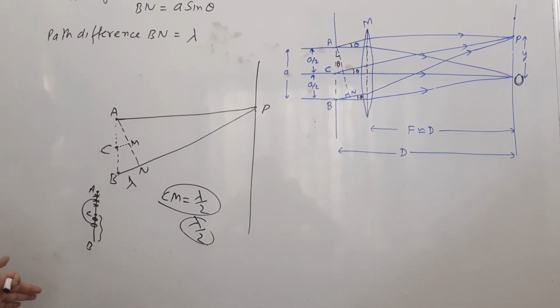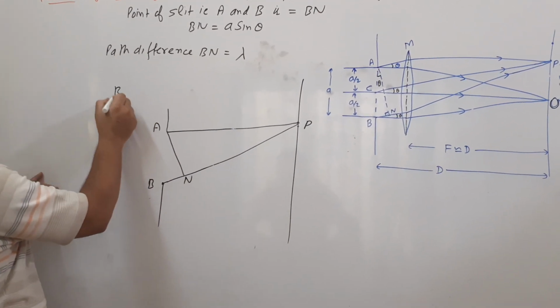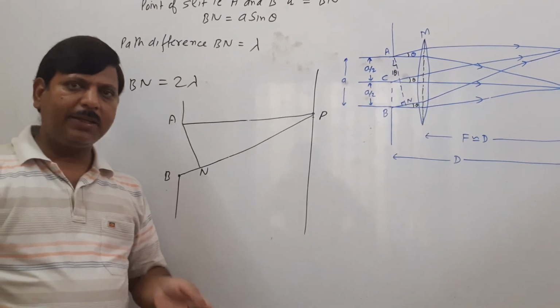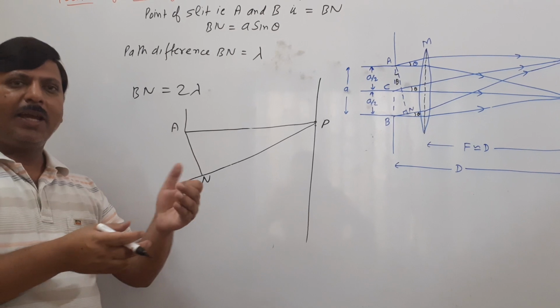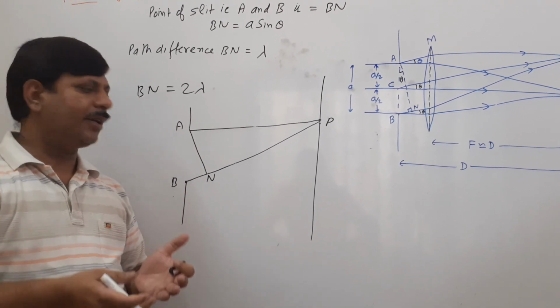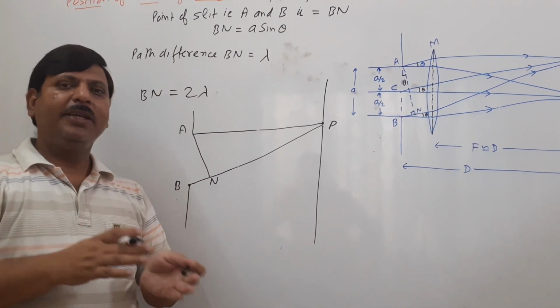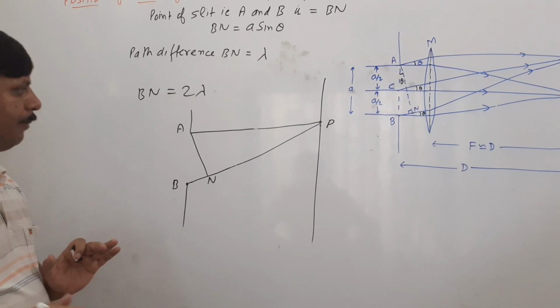secondary minima. Again I am taking the path difference Bn, this time equal to 2 lambda. When I took lambda, I explained that AB divides into 2 parts, and the waves emerging from the 2 parts, AC and CB, have a path difference of lambda by 2, they cancel each other, that's why it is the position of minima.